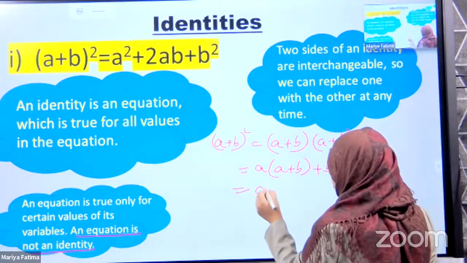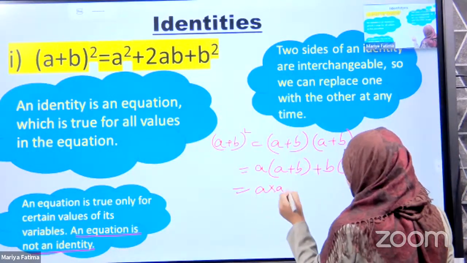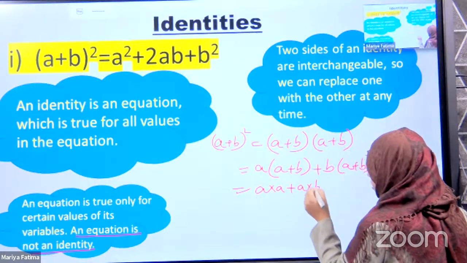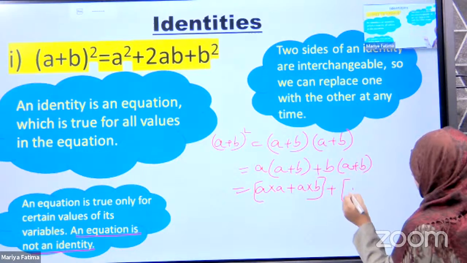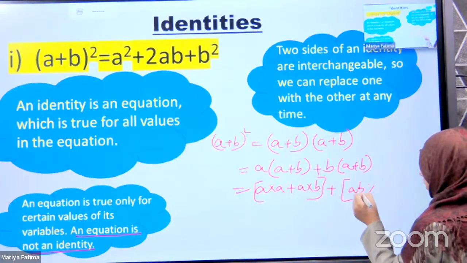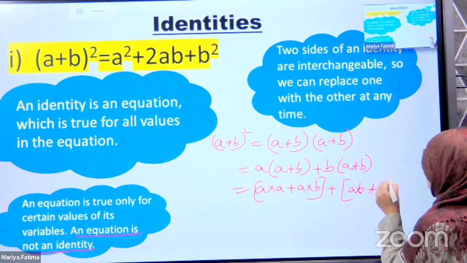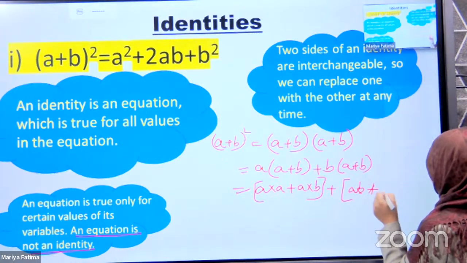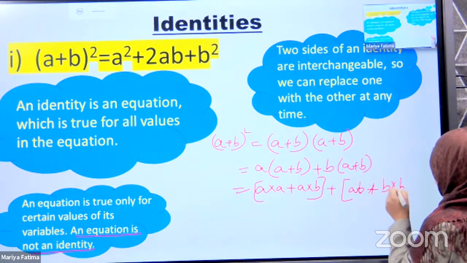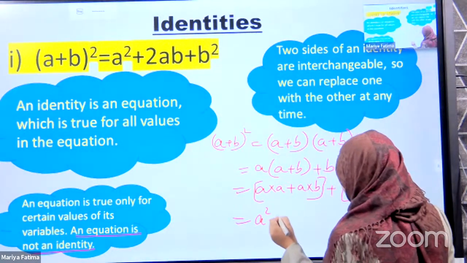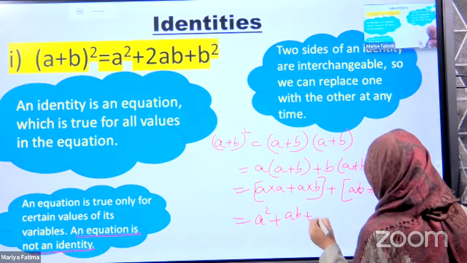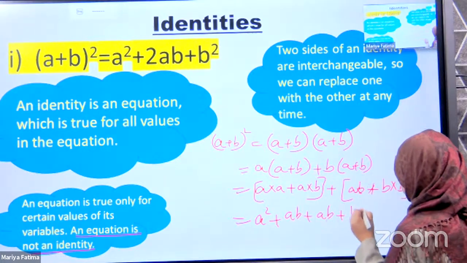So A into A plus A into B. This is the multiplication of the first part and this is the multiplication of the second part, plus B into B. Now A into A will become A square plus AB plus AB plus B square.